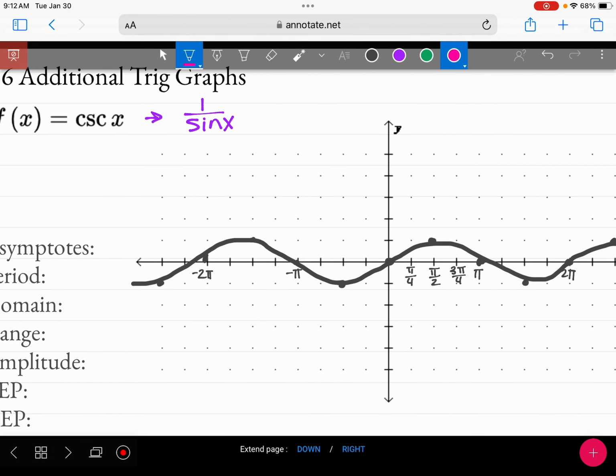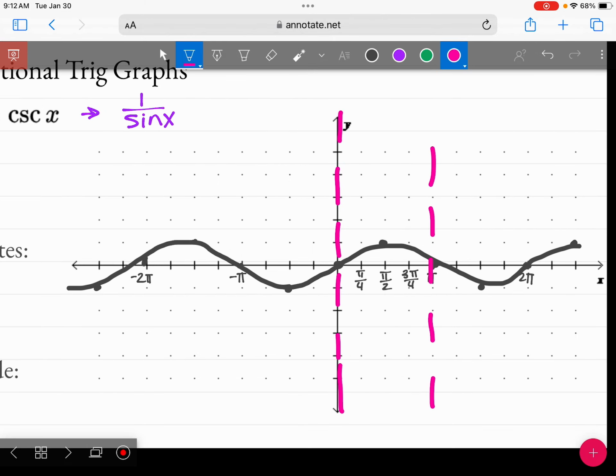Every place sine of x hits a 0, we're going to put in an asymptote. So we're going to have an absolute load of asymptotes, every place that sine of x equals 0.